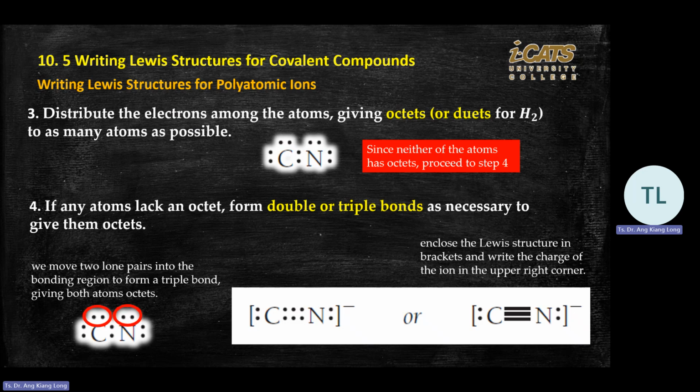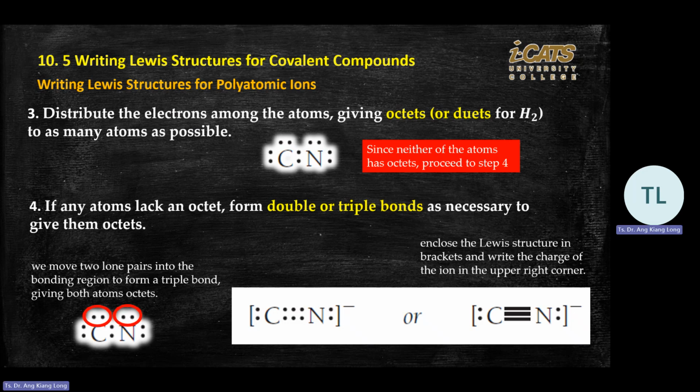Remember, this is an ion question. For the final answer, we are expecting you to use the bracket plus the negative or positive sign at the top right corner. Change the dots into line bonding.